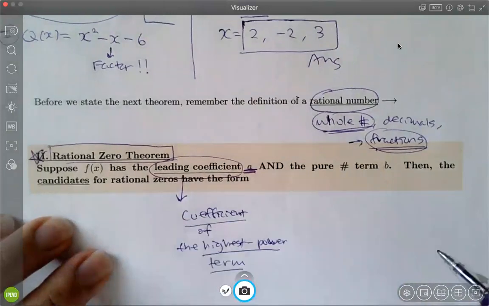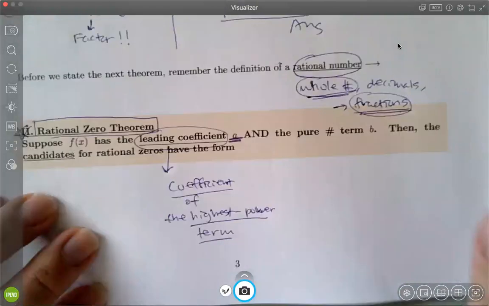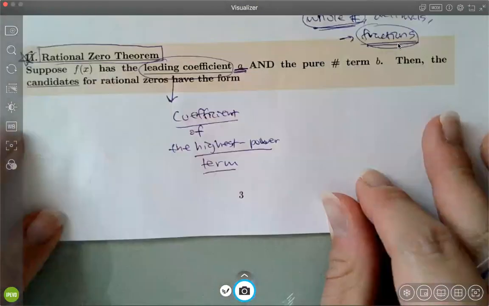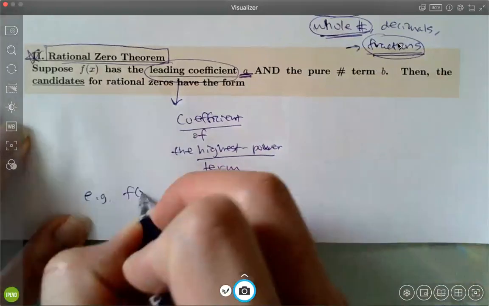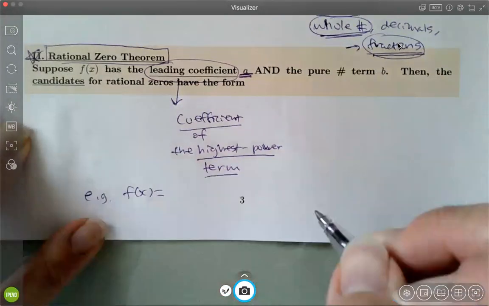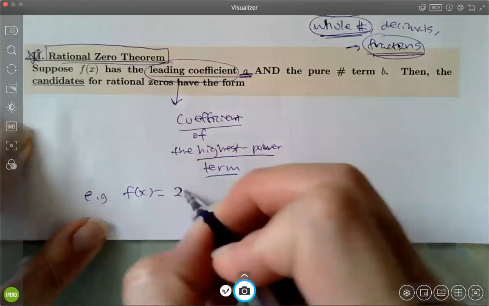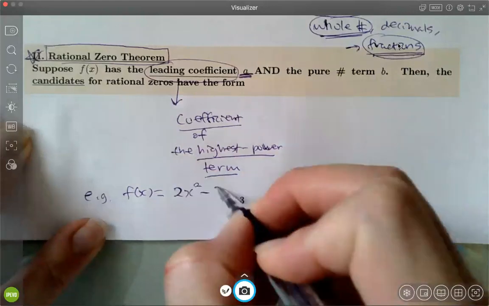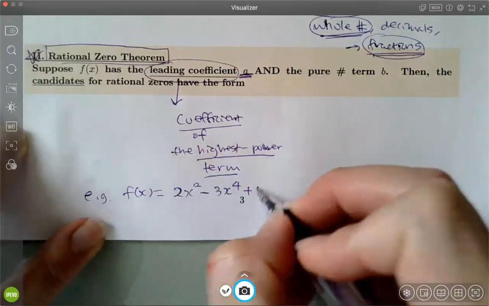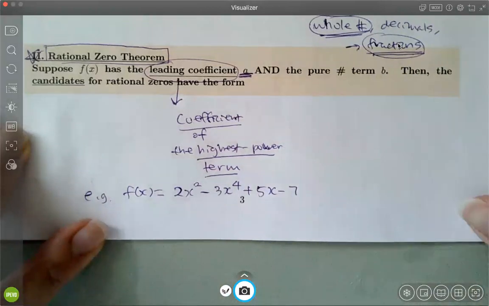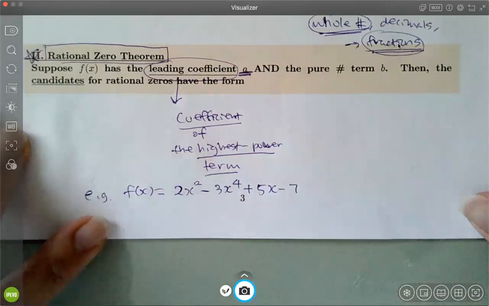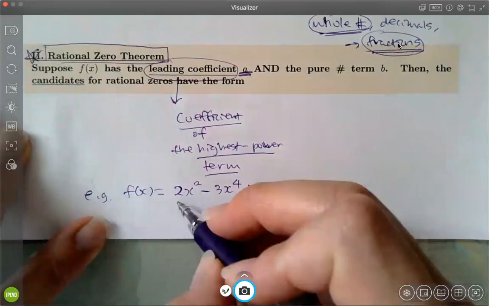So what is an example here? For example, let's say f of x is 2x squared minus 3x to the fourth plus 5x minus 7. In this case, what people often think is the leading coefficient is 2 because that comes first.